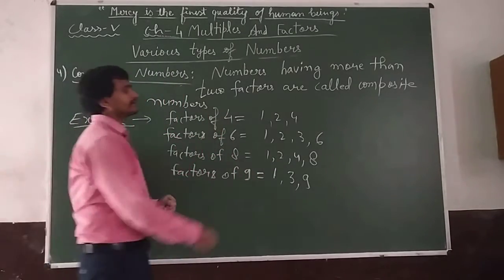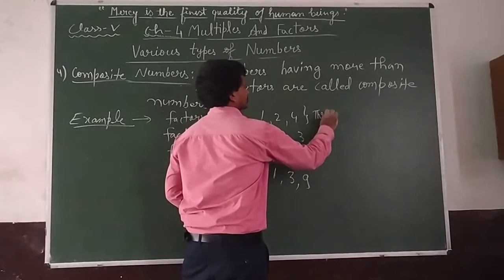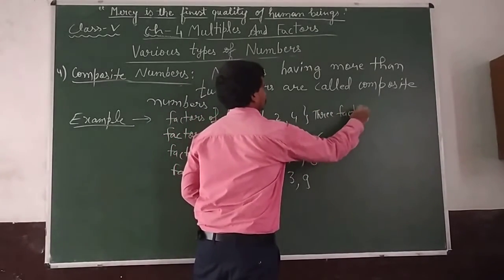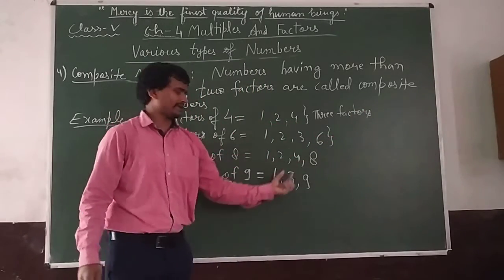4 has how many factors? 3 factors. Similarly, 6 has 4 factors, 8 has 4 factors, 9 has 3 factors.